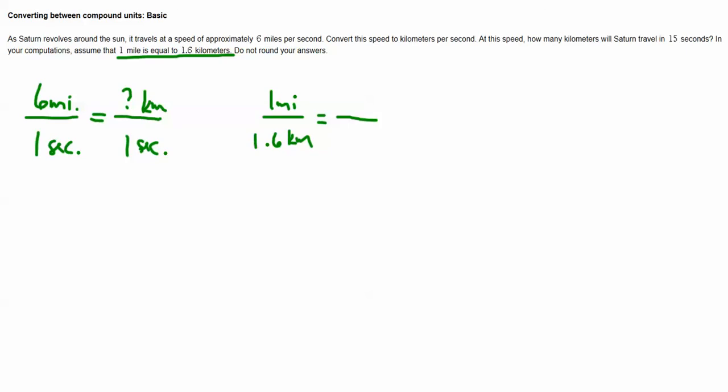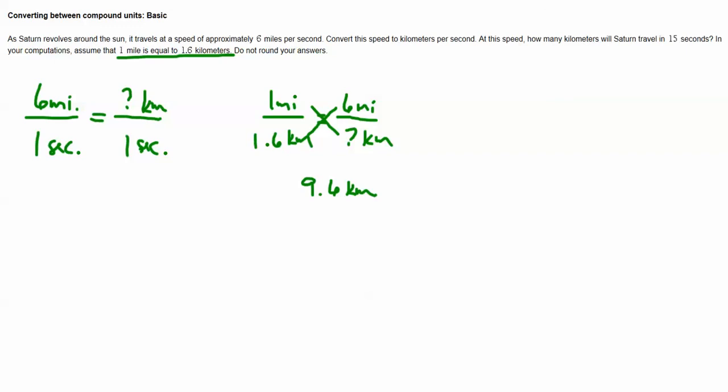Miles to miles and kilometers to kilometers. So we have 6 miles in our original information over our unknown number of kilometers. And then you'll use your cross products from there. So 6 times 1.6, and then that divided by 1 is still itself, 9.6 kilometers.